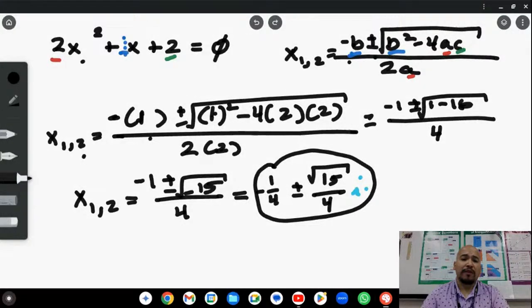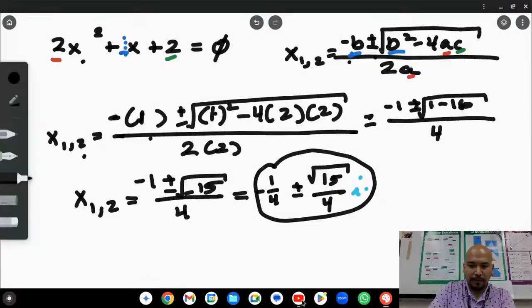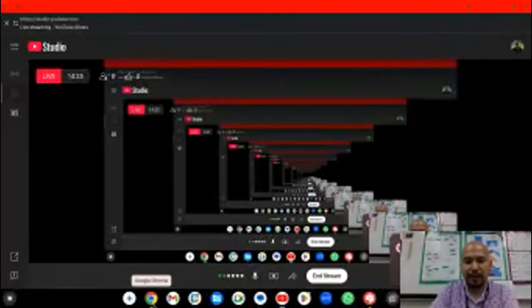Do any further. Now, if you're going to use decimals, you can use decimals. That's fine. Let me just show you what decimals is. Okay, so let me go ahead and project again. Decimals to approximate your answer, you can do that.